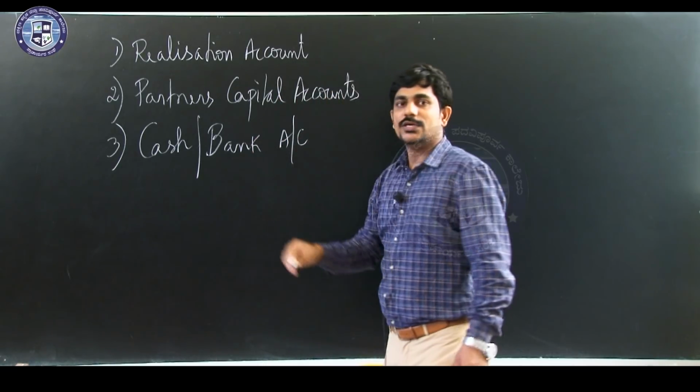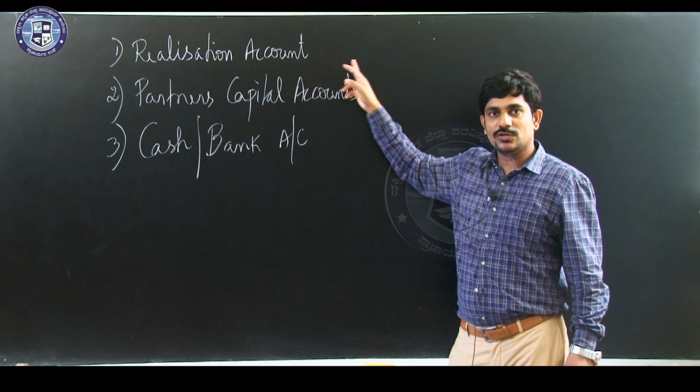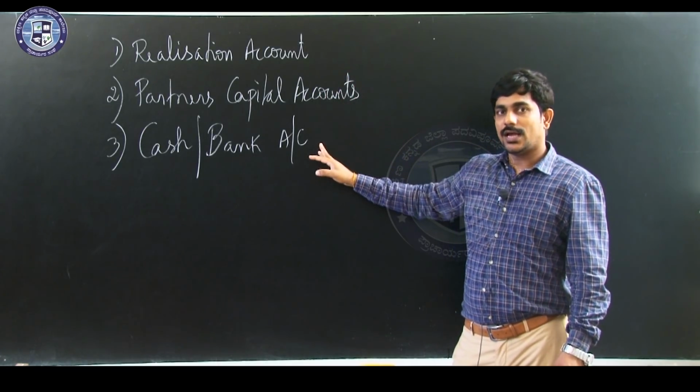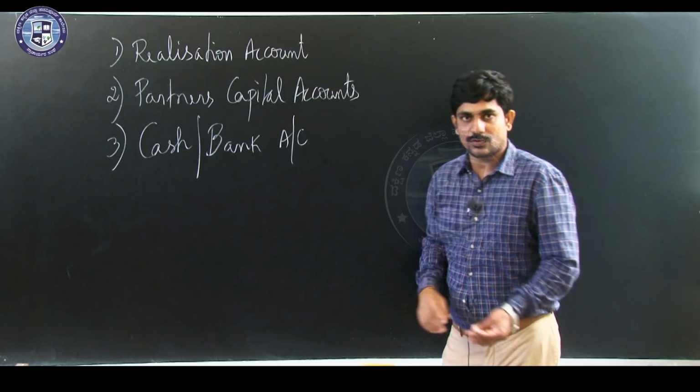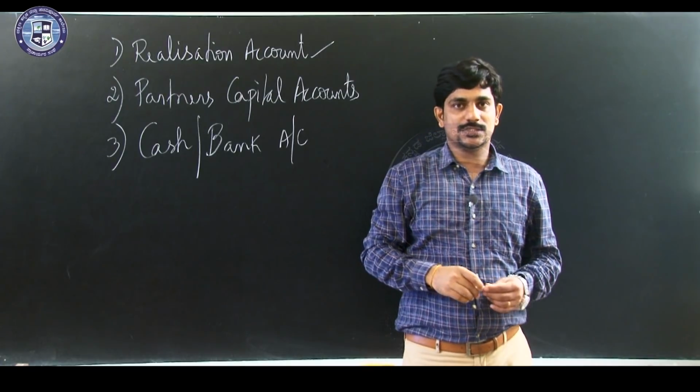So, under dissolution of partnership firm, we need to prepare these 3 accounts: realization account, partners capital account and cash or bank account. Now, let us see what is realization account.